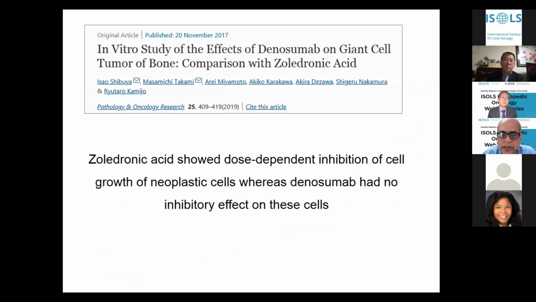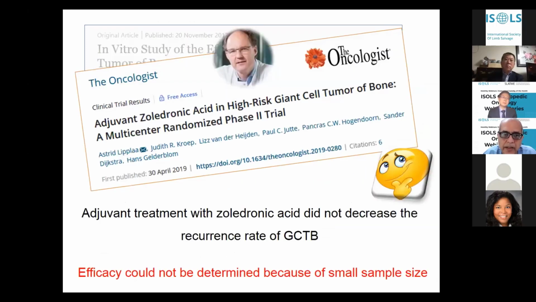The jury is still out because this multicentric randomized trial that talked about the adjuvant treatment using zoledronic acid versus denosumab showed that zoledronic acid did not decrease the recurrence rate of GCT. And therefore the efficacy could not be determined, possibly because of the sample size. So again, no clue as to whether we can use different agents in combination in GCT or not.